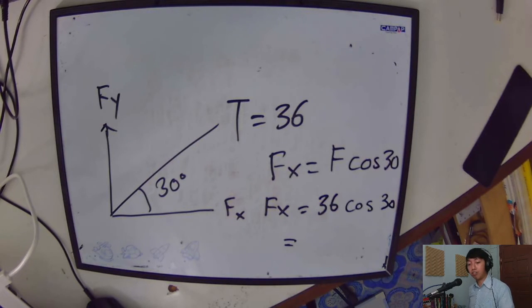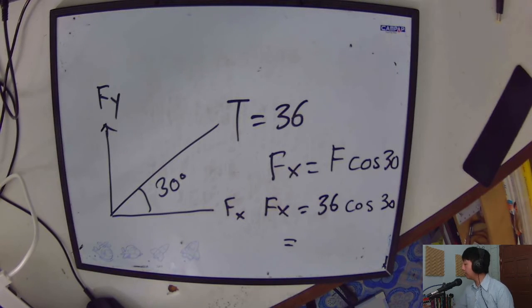And if you have your calculators, you can go ahead and calculate that. Let me just open my calculator as well. I actually did this question already, but I forgot, and I don't have my textbook open. There we go. So 36 cos 30.